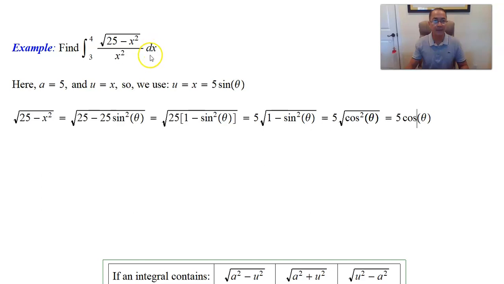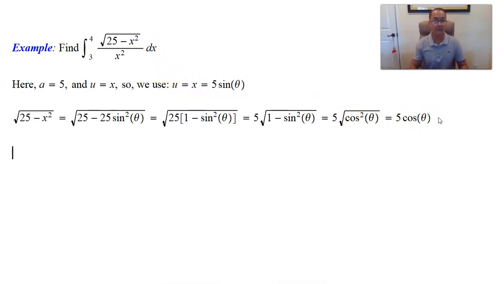Okay, let's do the dx next. Remember, do not ever, ever, ever forget the differential. x is 5 sine theta, so dx is 5 cosine theta d theta. Notice that previously, when we have a u substitution, like u equals x squared, you get du is 2x dx, and then we solve for dx.